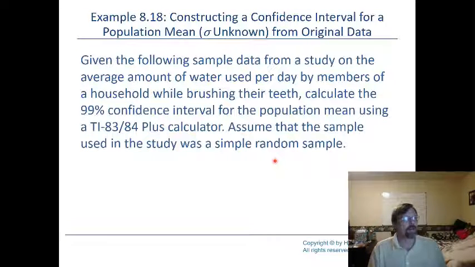All right, so let's look at this one. We're given sample data about amount of water used per day by members of a household while brushing their teeth. I assume this is whole house water values. We want the 99% confidence interval for the population, and this is all going to be done using the calculator. Let's assume it was a simple random sample.